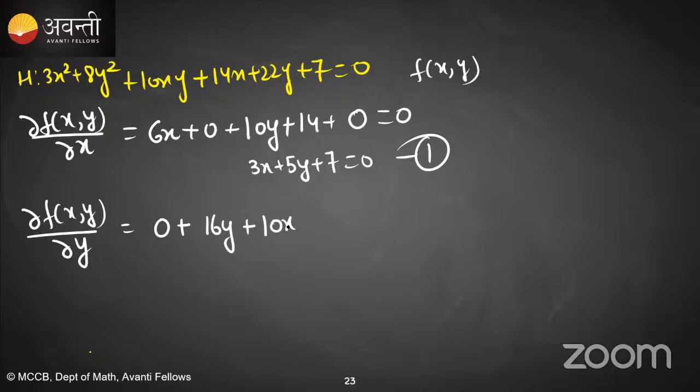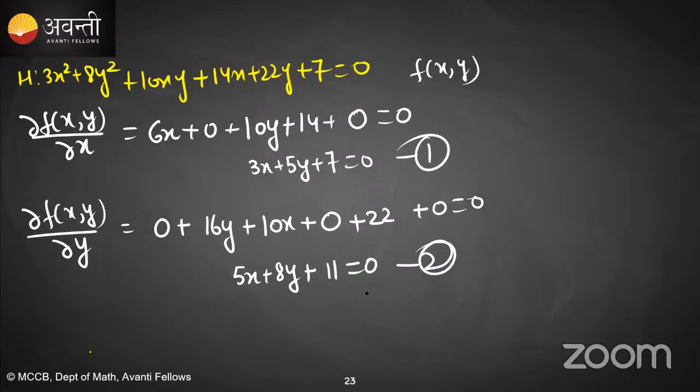The differentiation of y is 1, plus the differentiation of 14x is 0, plus the differentiation of 22y with respect to y is 22, plus 0 is equal to 0. What did we get? 16y plus 10x plus 22 equal to 0, meaning 5x plus 8y plus 11 is equal to 0.